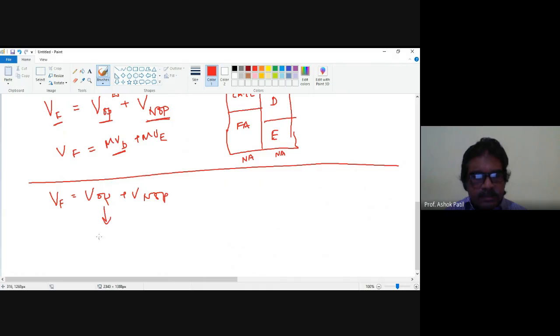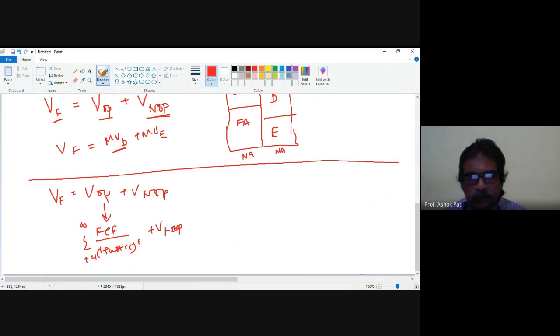Value of operations is nothing but FCF divided by (1 plus WACC) raised to T, where T goes from 1 to infinity, and then we'll add value of non-operations to it. Okay, now the question is what FCF will we take.